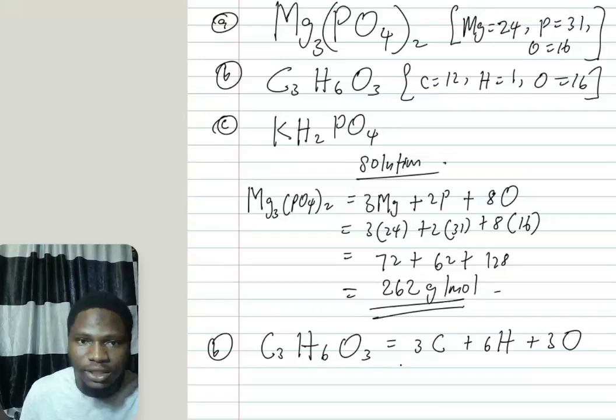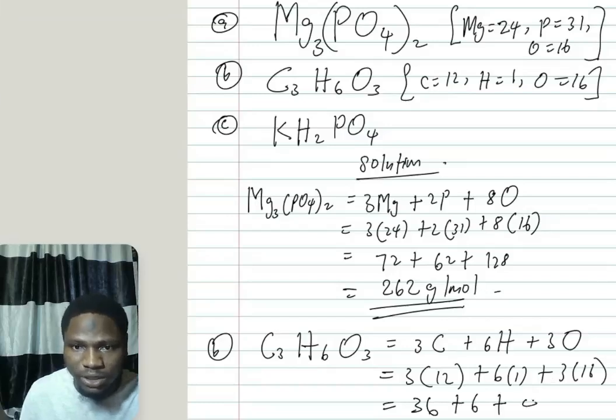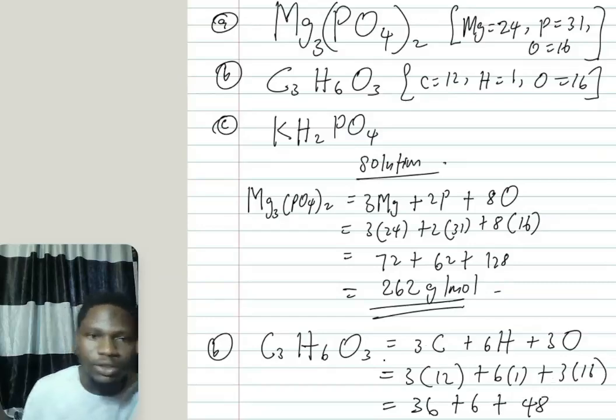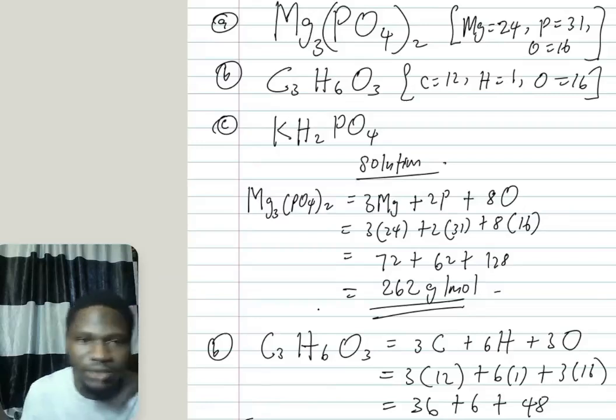So we substitute: 3 times 12 is 36, plus 6 times 1 is 6, plus 3 times 16 is 48. If I add all this together, 36 plus 6 plus 48 gives me 90. So I have 90 gram per mole.